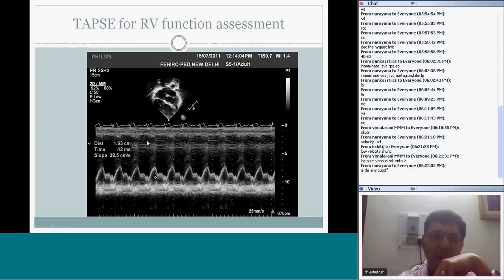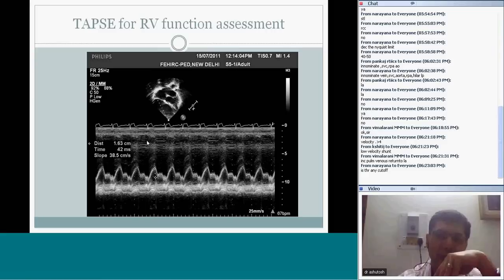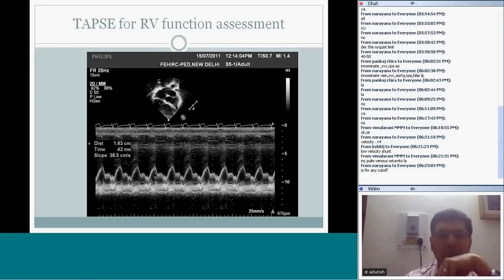Here the distance is 16 millimeters. 16 times 3 is 48, which is fairly good function for the right ventricle. It is again not a true assessment, but a value above 45 is supposedly all right for all your patients. So a serial assessment of a patient can be done by these two techniques. This will help in future follow-up and planning future intervention on the patient.